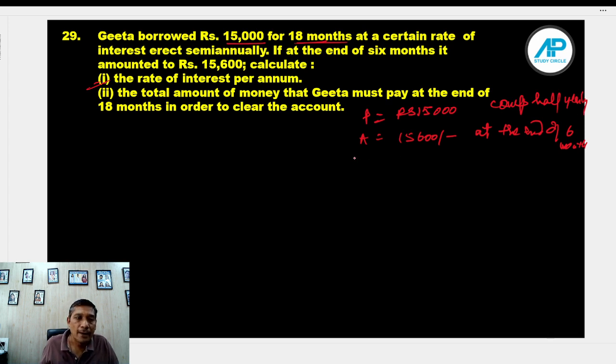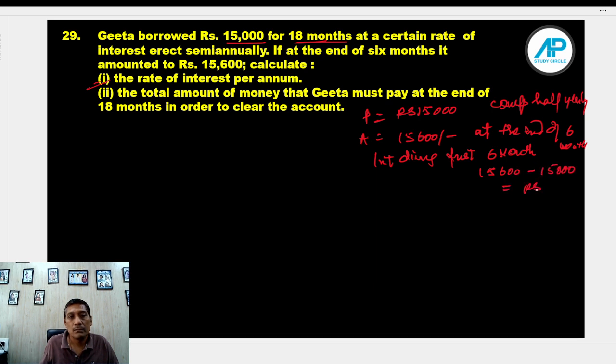So I find the difference of these two. So interest during first 6 months: rupees 600.